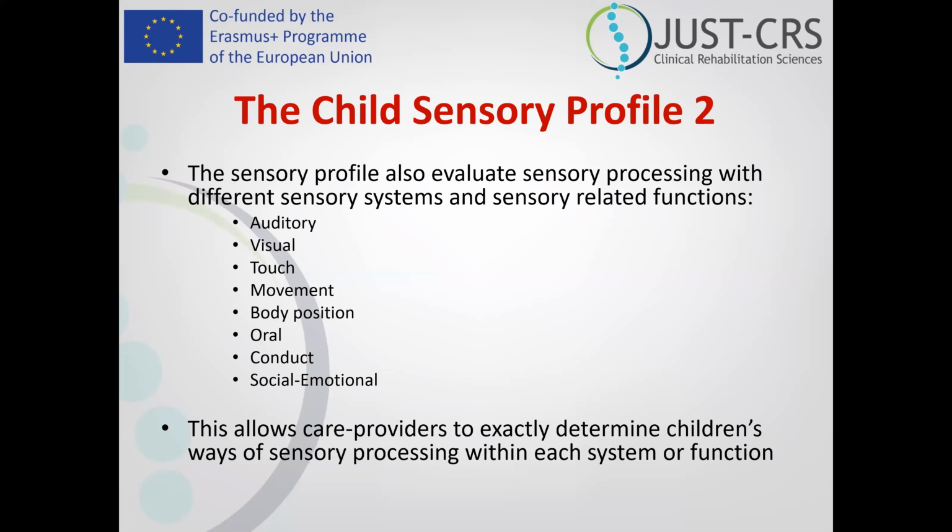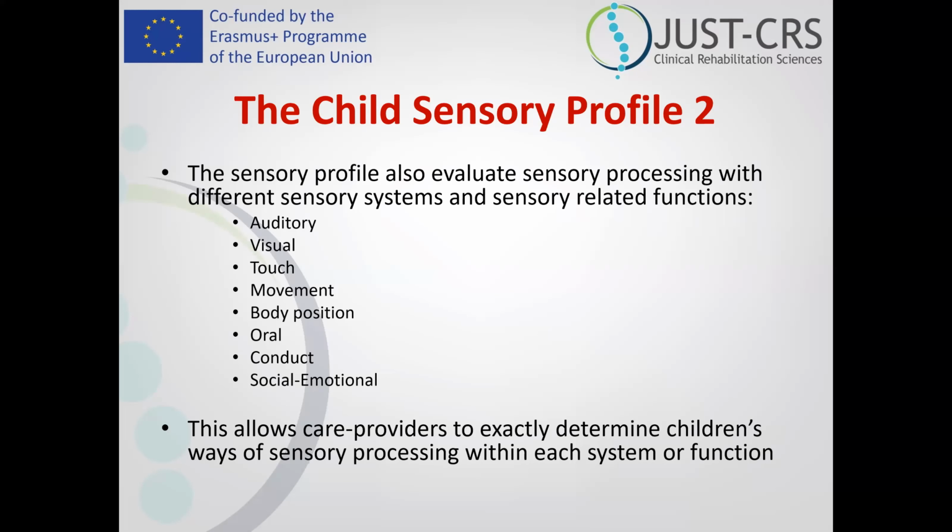Going back, not only can we have scores for the different sensory patterns or the 4 quadrants, we can also have scores for different sensory systems and sensory related functions like auditory, visual, touch, movement, body position, oral, conduct, and social emotional.